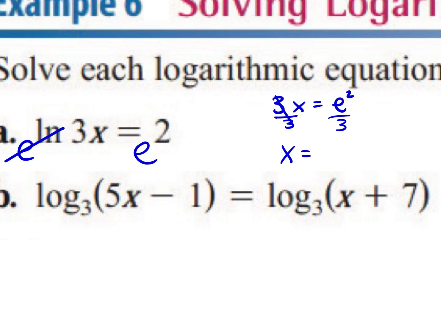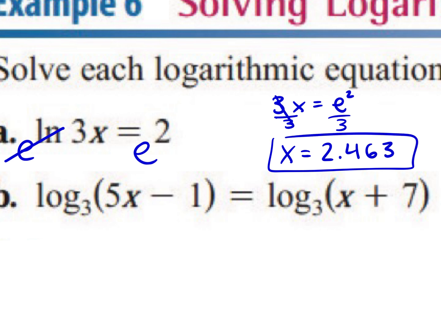Because if you do e to the power of 2 and then divide by 3, it's going to think that you're doing e to the power of 2 over 3. So just be careful. So e to the power of 2 equals, and then divide by 3. You should get 2.463. Any questions here?